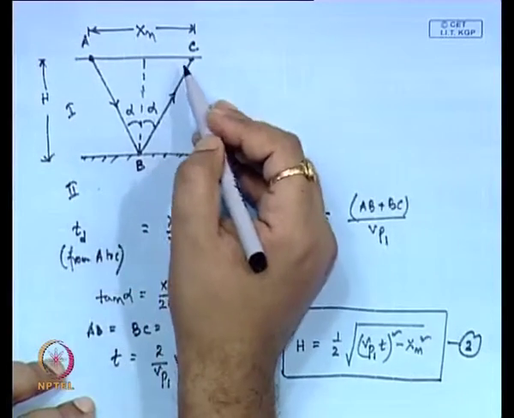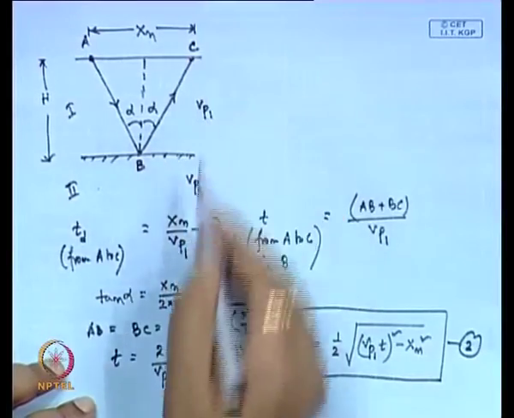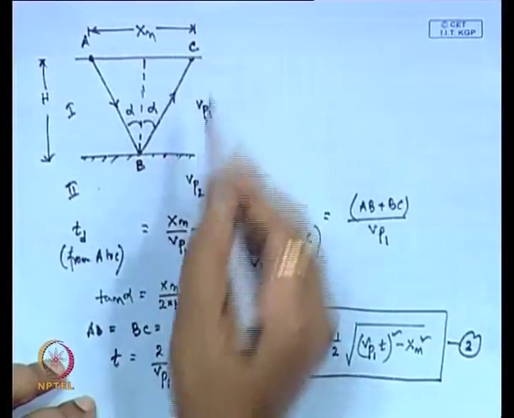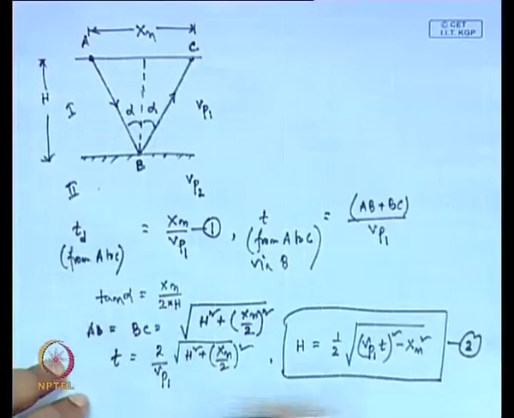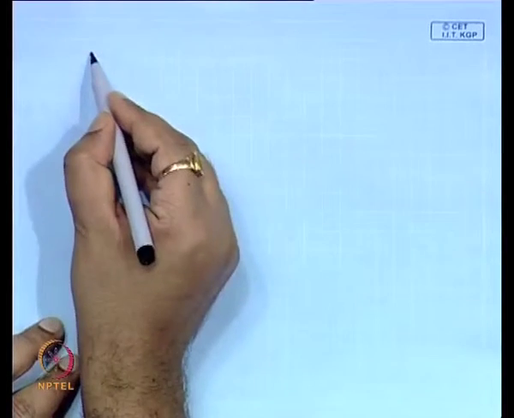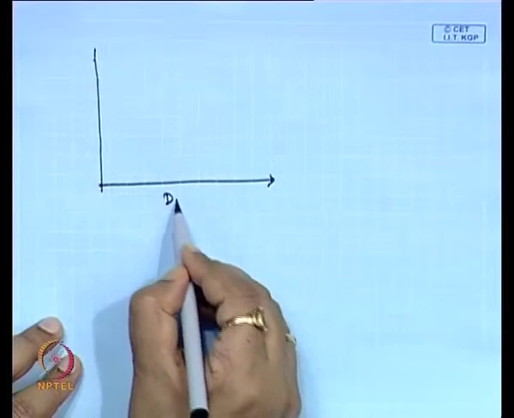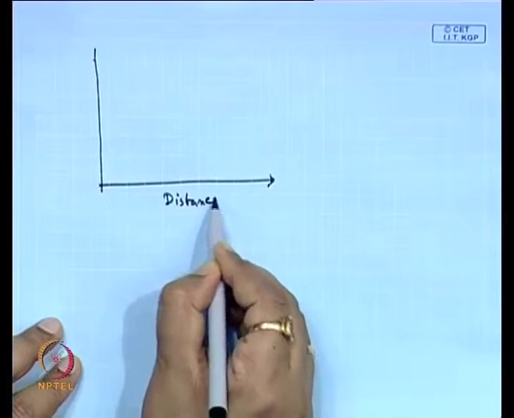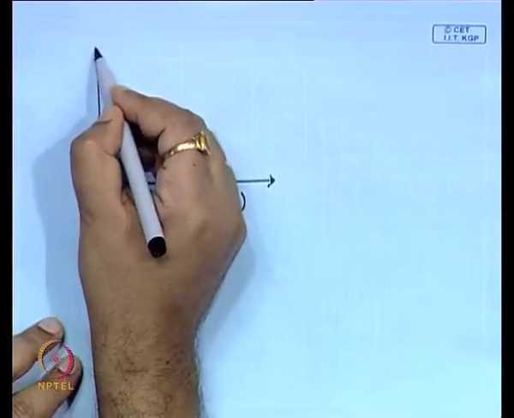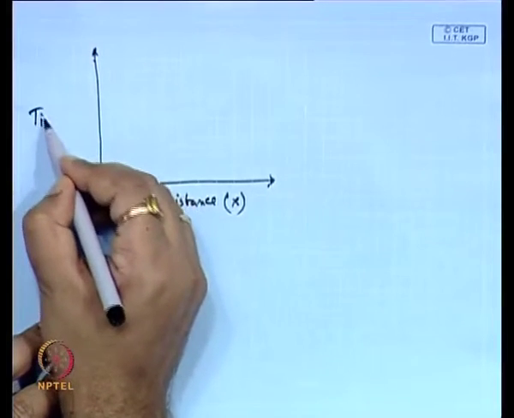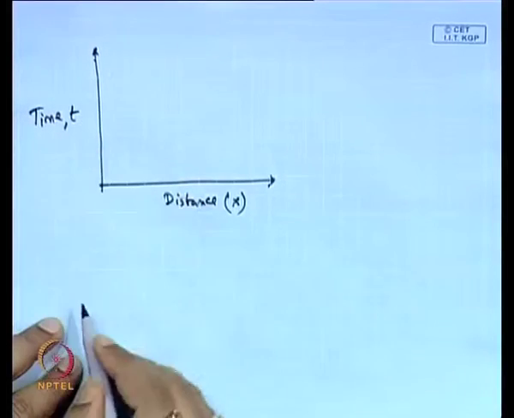So, here also if we put the receiver at different distances from the source and then draw the graph, again this is distance x and this is the time t.